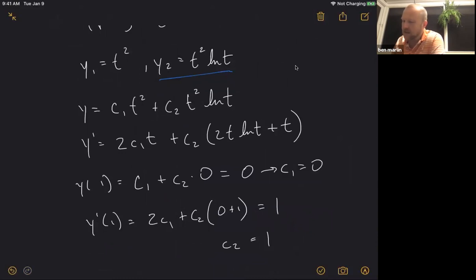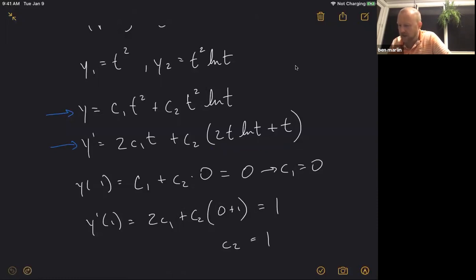But that means that my general solution here is c1 t squared plus c2 t squared ln t. Because I've got an initial value problem, I'm going to have to take the derivative of that. The first part is easy to do, but then for the second piece over here, you had to use the product rule to get it.